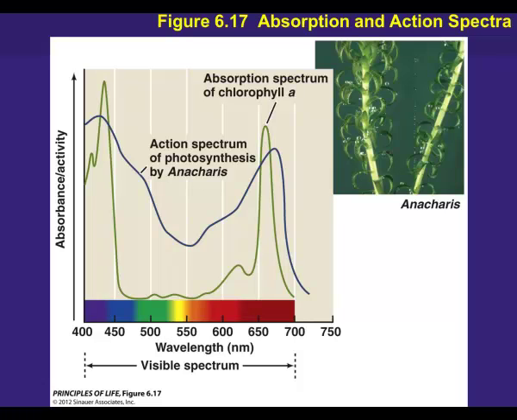But the blue line shows you all of the wavelengths at which photosynthesis occurs in Anacharis. So what you could infer from this is that if there is biological activity at wavelengths that chlorophyll A does not seem to absorb, there must be other pigments that help absorb the light, and that is in fact exactly the case.